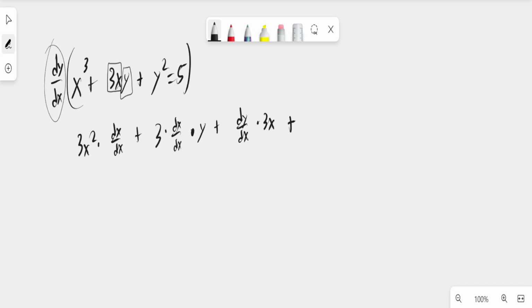And then plus the derivative of the outside, this is chain rule, 2y times dy/dx. And that's equal to 0, because constants don't change no matter what. So the derivative of 5 with respect to anything is always 0.